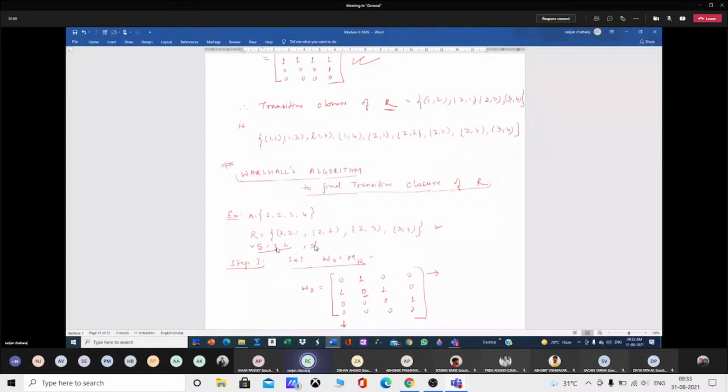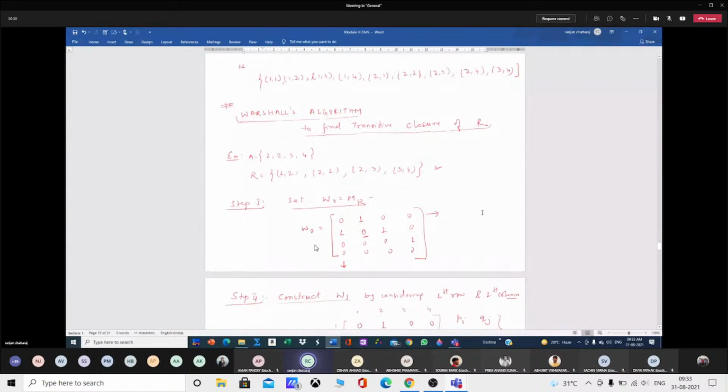So we have discussed in the previous class how to find the transitive closure using connectivity relations. Now the second method is Warshall's algorithm. In Warshall's algorithm, we consider the same problem.